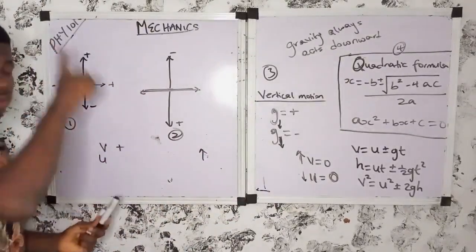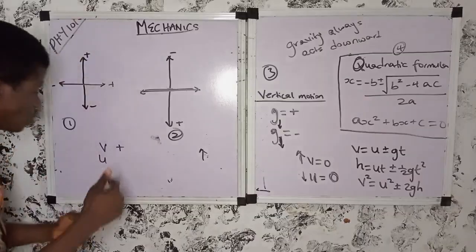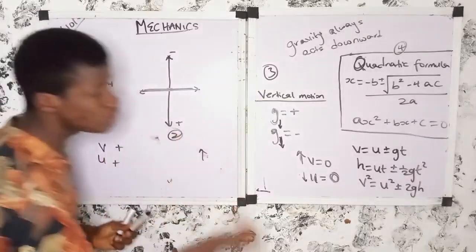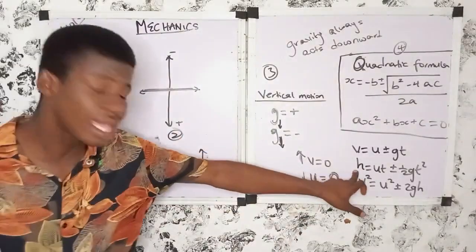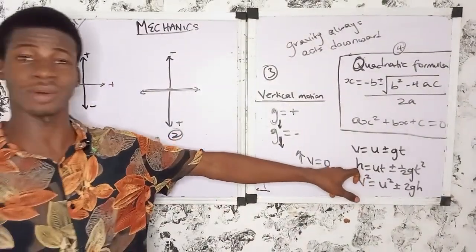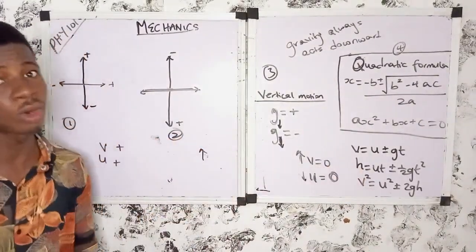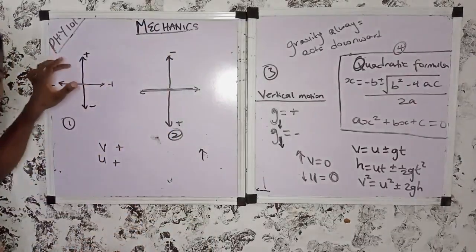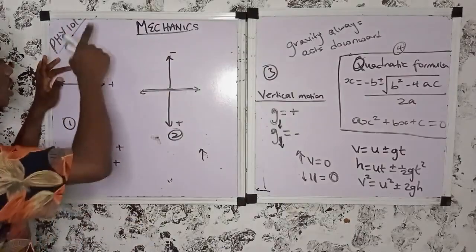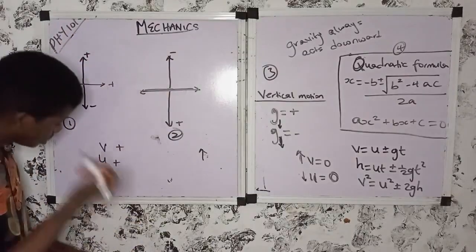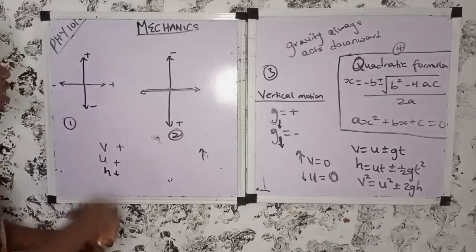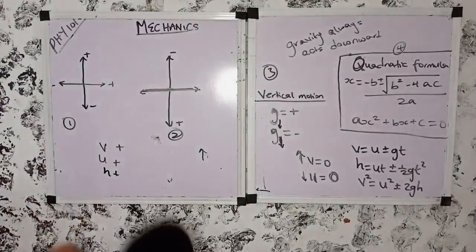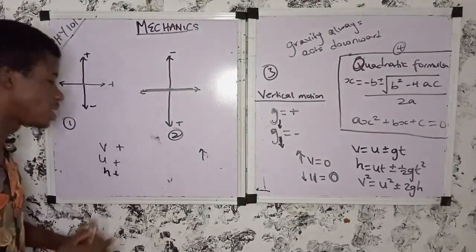When a body is going upward, it is usually positive. Same thing goes for displacement, which we can also call height. Under this coordinate, when you throw a body upward, the height, or the displacement, will usually be positive.